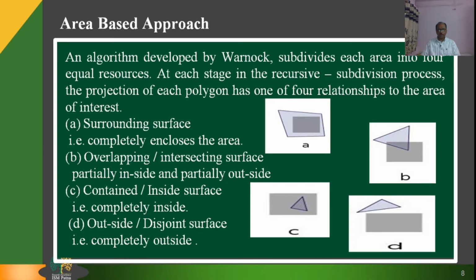Figure A shows the image is within the surrounding surface, whereas in B the surface is overlapping, partially inside and partially outside, and in figure C the entire surface is inside the range, and in figure D the entire surface is completely outside the range.